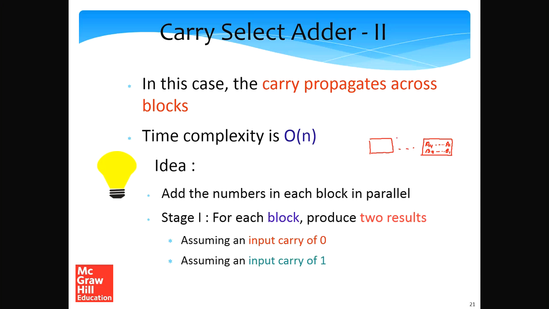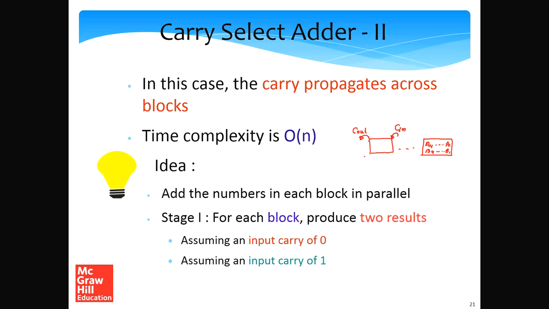What are the inputs to the block? The input to the block is the carry input from the previous block. What is the output from the block? The output from the block is the carry from the block, right? So these are the two inputs and outputs. There is a carry in and there is a carry out. If we know the value of the carry in, we can perform the addition correctly.